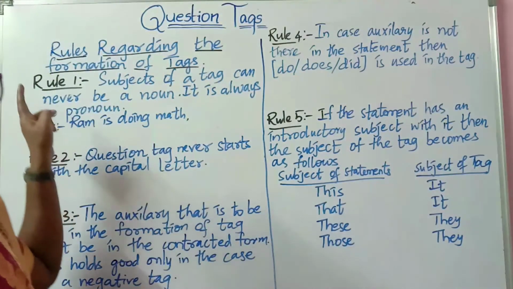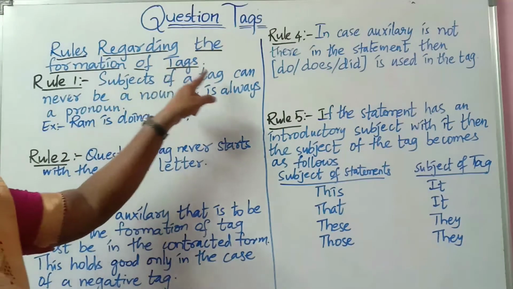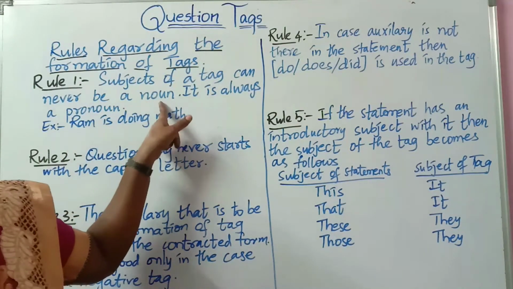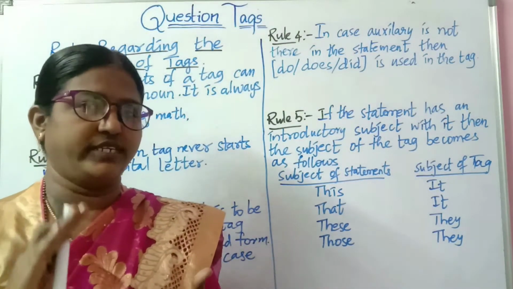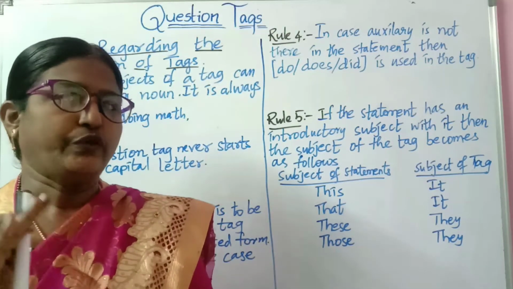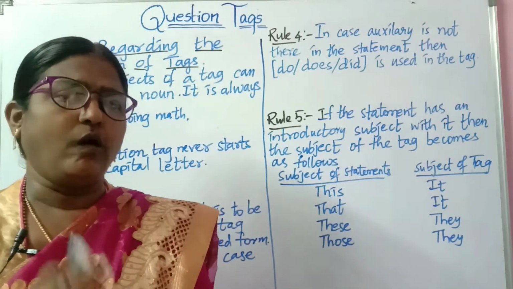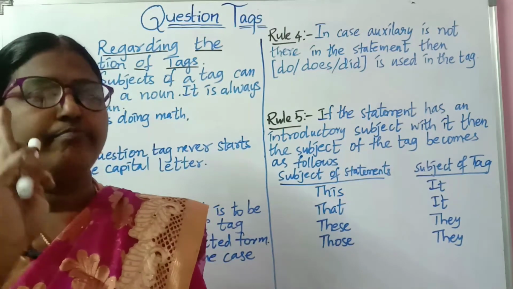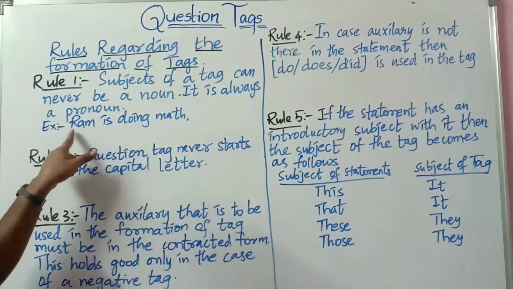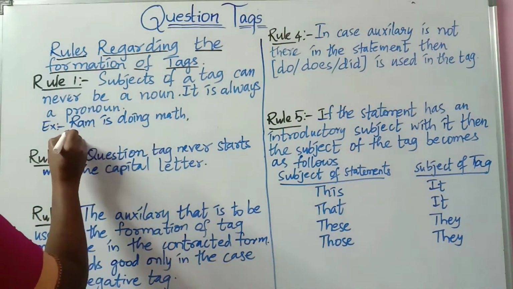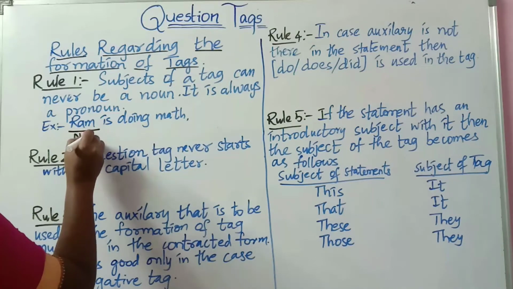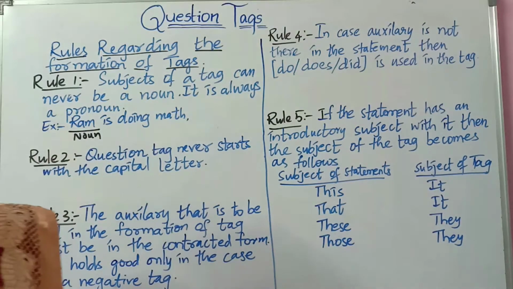Rule 1. The subject of a tag can never be a noun. It is always a pronoun. When we are writing a question tag, the subject of the tag must always be a pronoun. See here, Ram is doing math. Here the subject is a noun, a naming word.